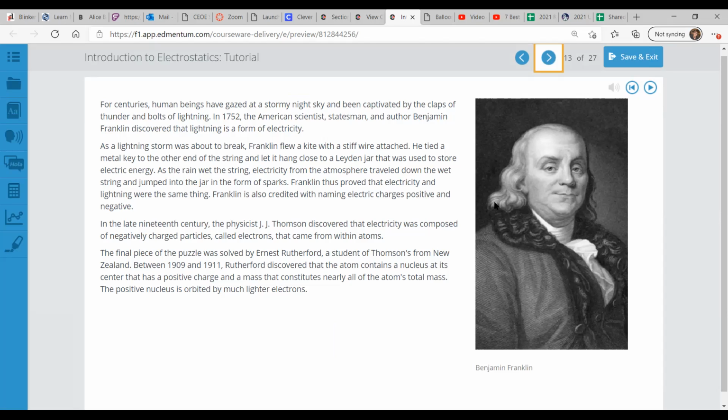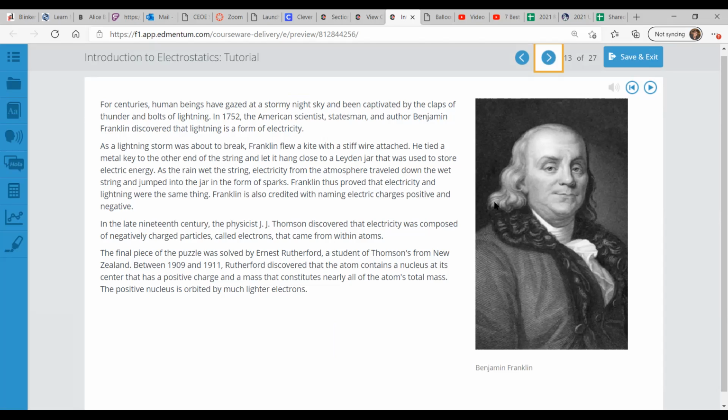In the late 19th century, so late 1800s, the physicist J.J. Thomson discovered that electricity was composed of negatively charged particles called electrons that came from within atoms. The final piece of the puzzle was solved by Ernest Rutherford, a student of Thomson's from New Zealand.